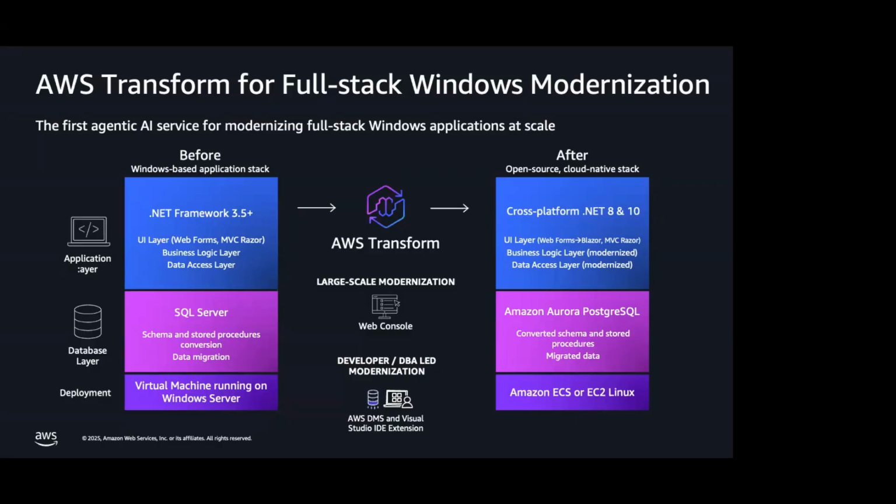You can do large scale modernization, or you can do it one project at a time. We have got the IDE extensions as well. But what it basically does is it takes the .NET Framework code, converts it into cross-platform .NET, so now it can run on Linux, and you get Windows independence. We also have the capability, AWS Transform can take your SQL Server, convert it into Amazon Aurora PostgreSQL, again giving you license independence. Move on, please.